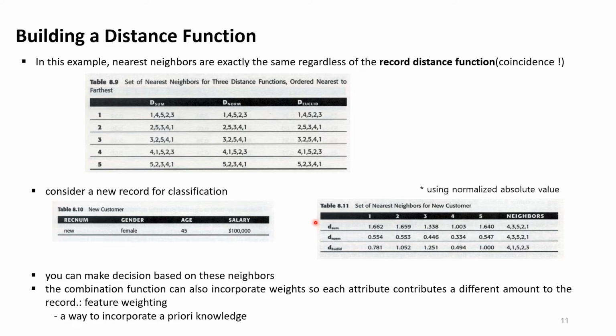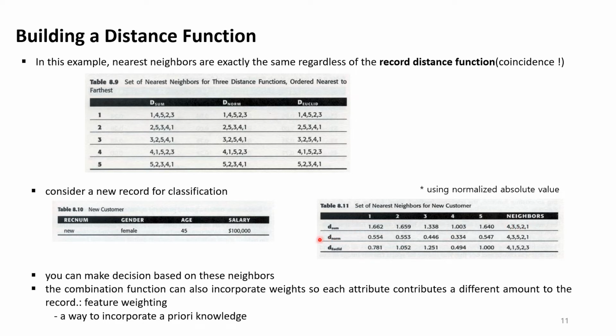When you use dsum, which is Manhattan distance, the distance between this and record 1 is 1.662. Then the distance between this and record 2 using Manhattan distance is 1.659, etc. After computing all these distances, the neighbors of this new data are 4, 3, 5, 2, 1.